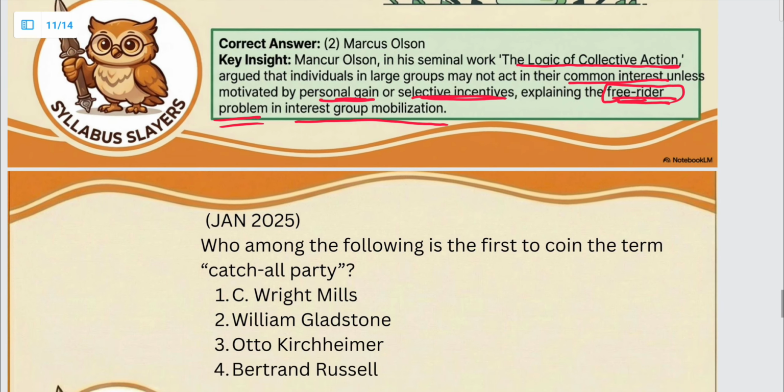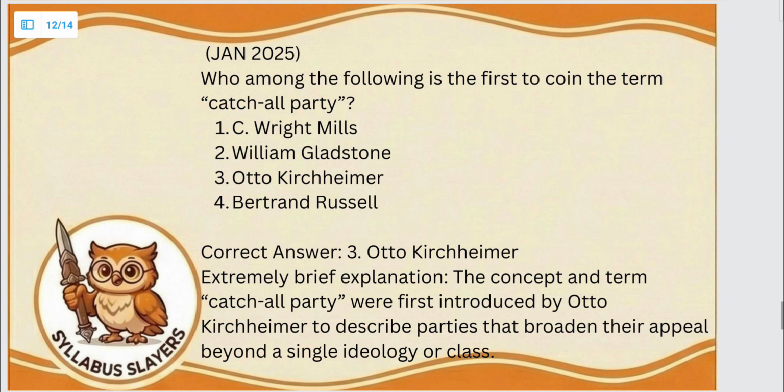ठीक है. नेक्स्ट क्वेश्चन जनवरी 25 का है. Who among the following is the first to coin the term catch-all parties? So catch-all parties was given by Otto Kirchheimer. ठीक है. कैच-ऑल पार्टी का मीनिंग होता है कि the parties that broaden their appeal beyond a single ideology और क्लास. मतलब they do not have one single ideology. ठीक है. कोई भी एक आइडियोलॉजी पे बेस्ड नहीं होते हैं.